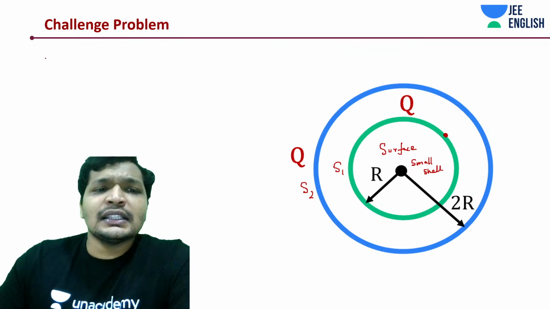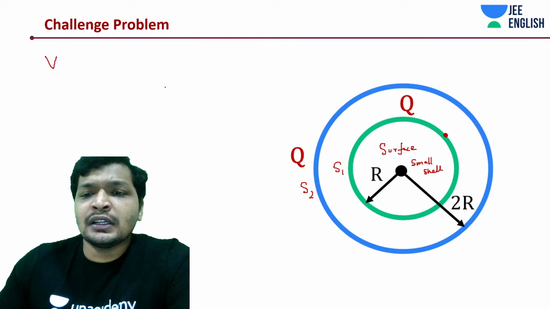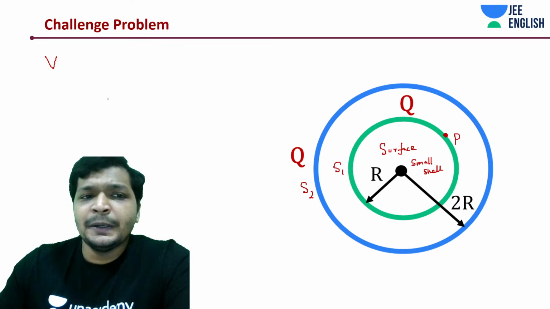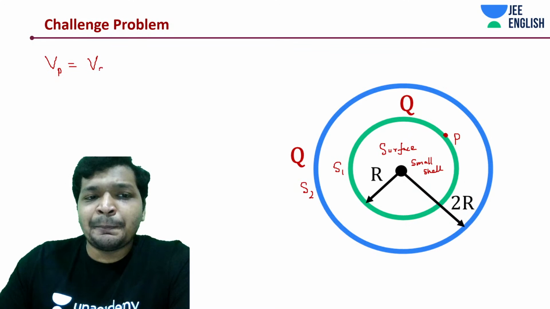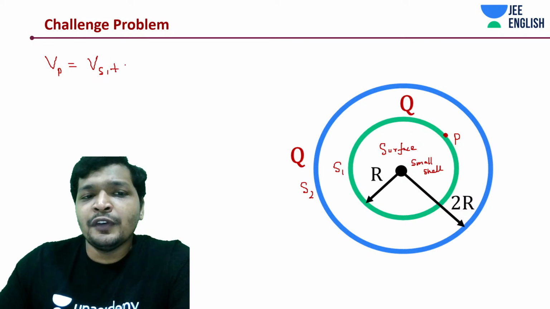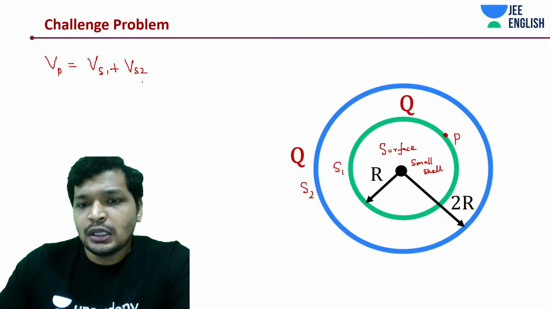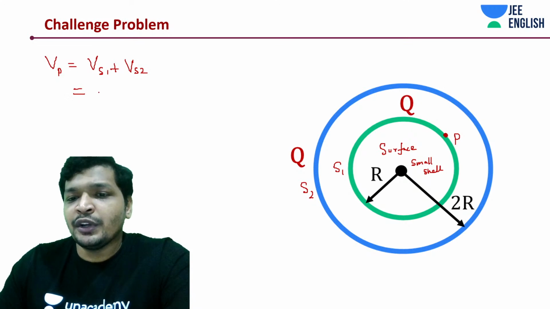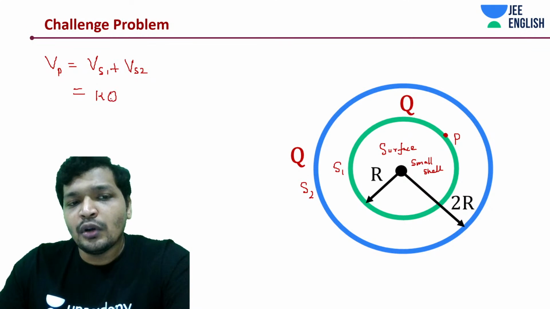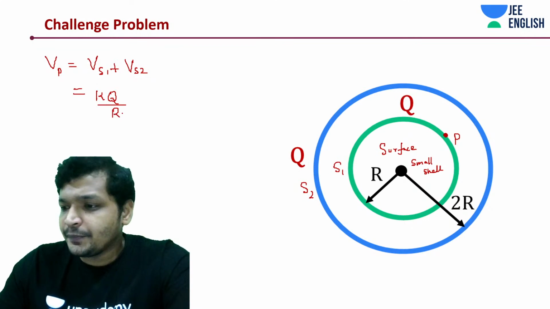Let's say the potential at this point is P. At point P it would be due to sphere 1, the small one, plus that of sphere 2, the large one. Sphere 1 potential, we know it's going to be KQ by R.